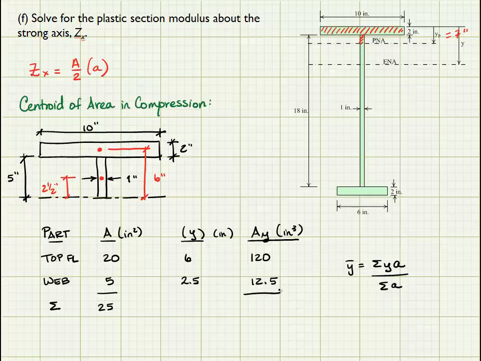And then the sum of AY is equal to 132.5. So this quantity is 132.5 inches cubed divided by 25 inches squared, and that is equal to 5.3 inches. And that's measured up from the neutral axis.